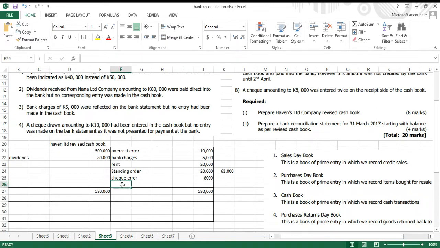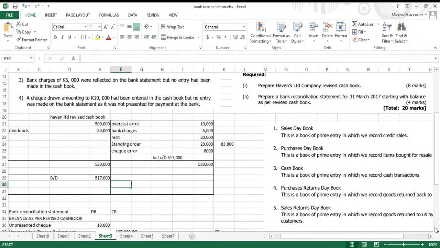So let's find our balance carried down, 517,000. So balance carried down 517,000. So this is the balance we're going to use in our reconciliation statement.